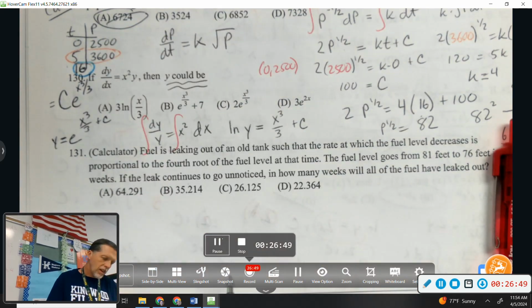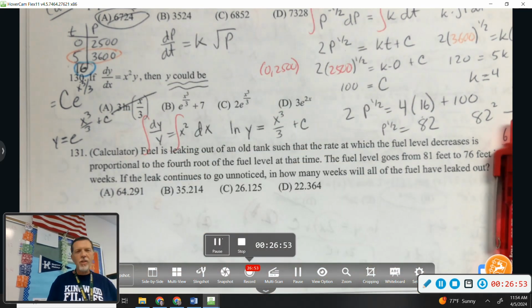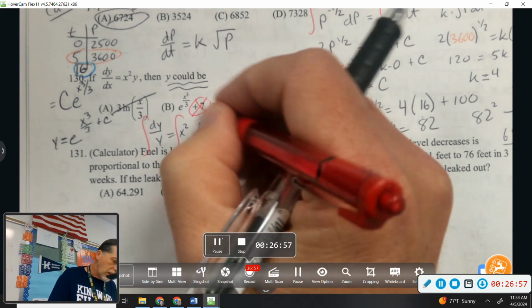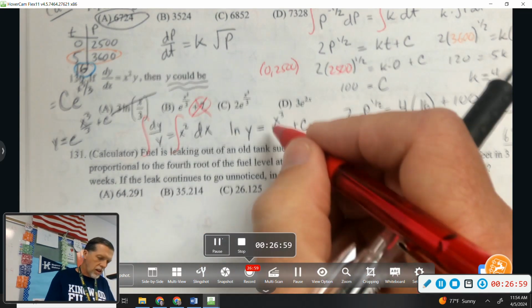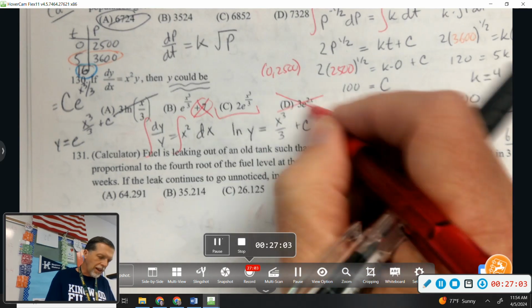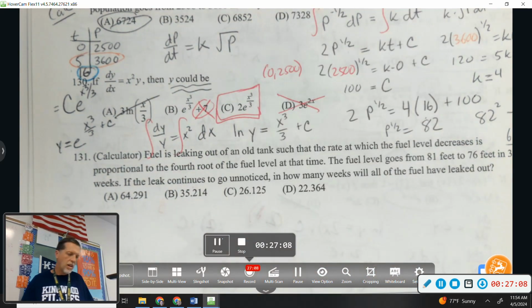So A's out for sure. B has the plus 7 in the wrong spot. The plus 7 would need to be in the exponent. C looks good. D, I don't know where that came from. So C it is. And that leaves you with one to do on your own.